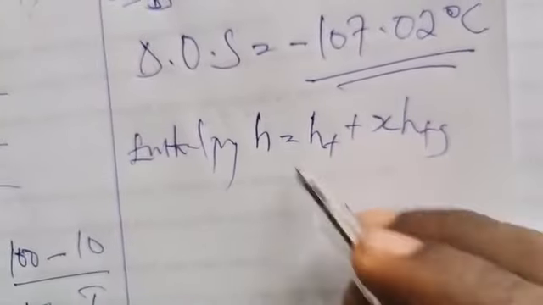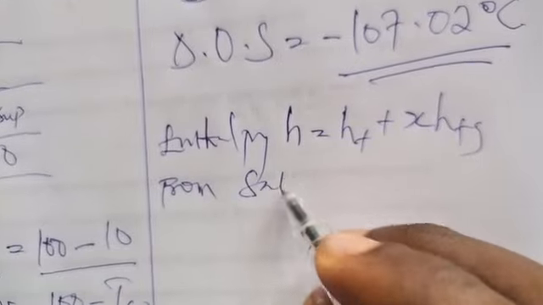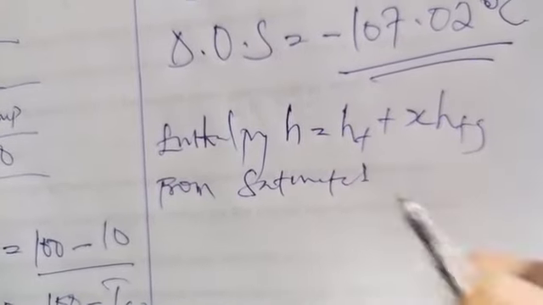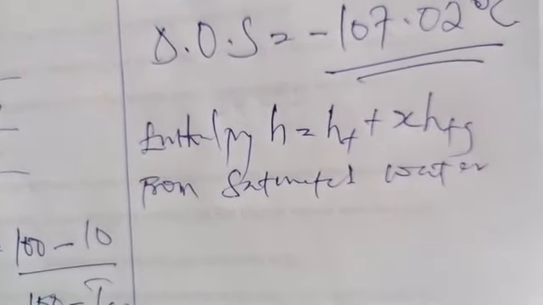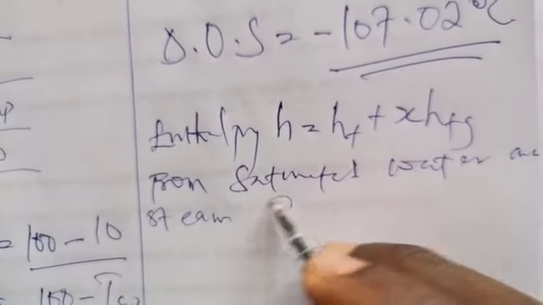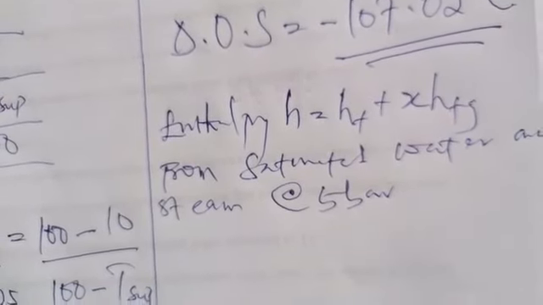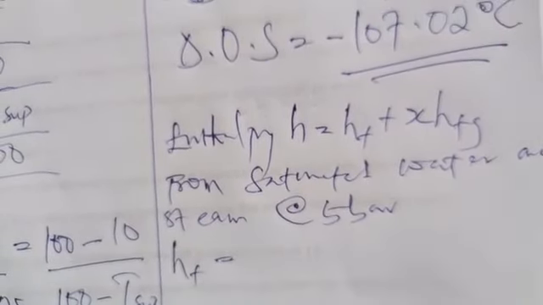We know dryness fraction x. Of course, we can find enthalpy of the fluid from the table of saturated water and steam corresponding to 5 bar, where we'll obtain hf.